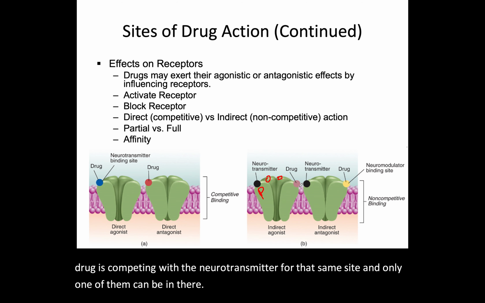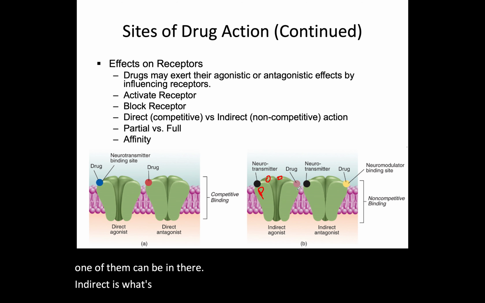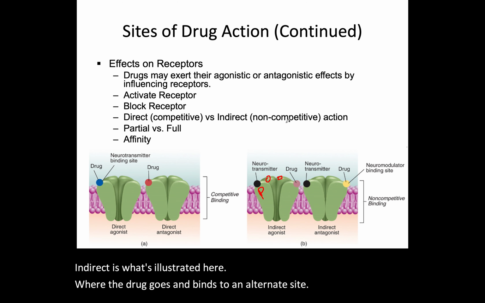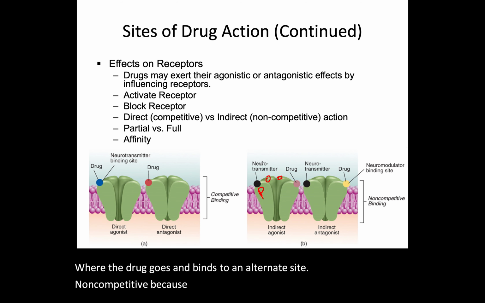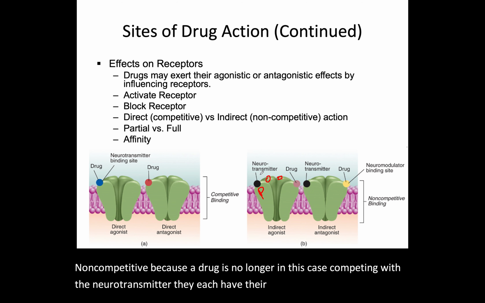Indirect is what's illustrated here, where the drug goes and binds to an alternate site. Non-competitive, because the drug is no longer competing with the neurotransmitter. They each have their own separate sites.